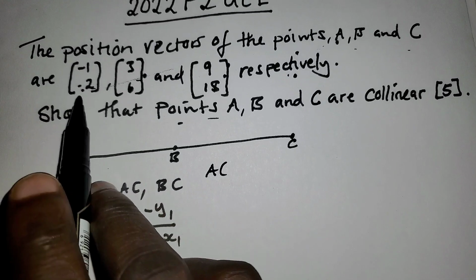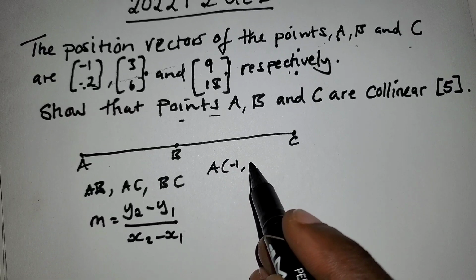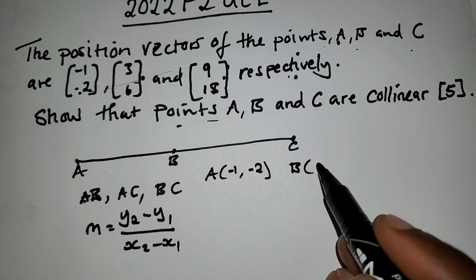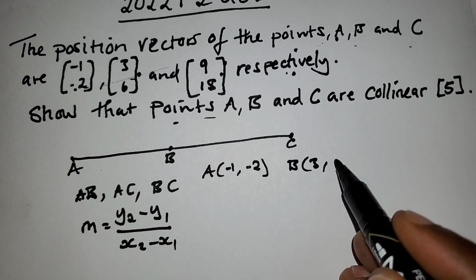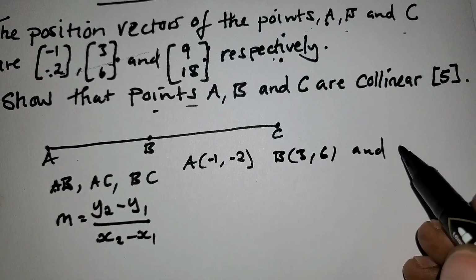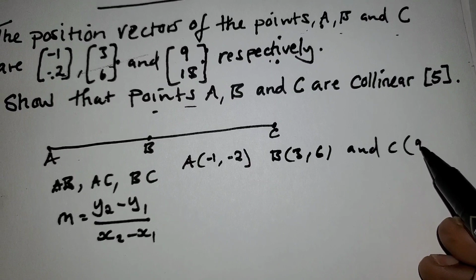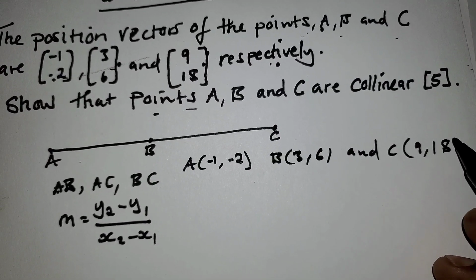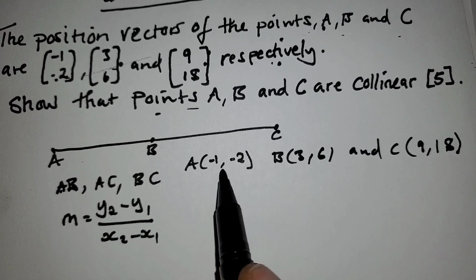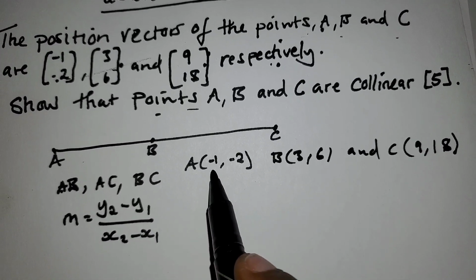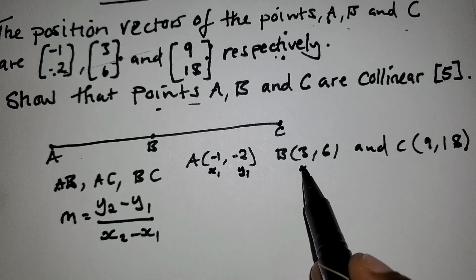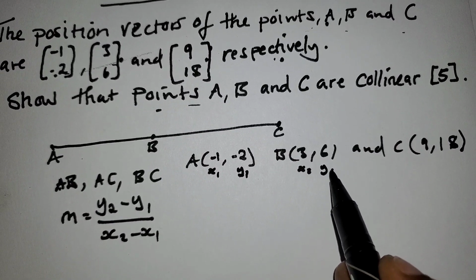Point A is (-1, -2), point B is (3, 6), and point C is (9, 18). Between A and B, this one will be our x1, this one our y1, this one our x2, and this one our y2.